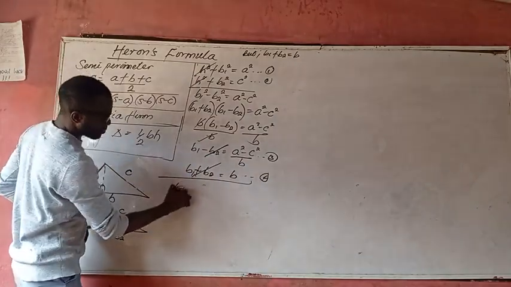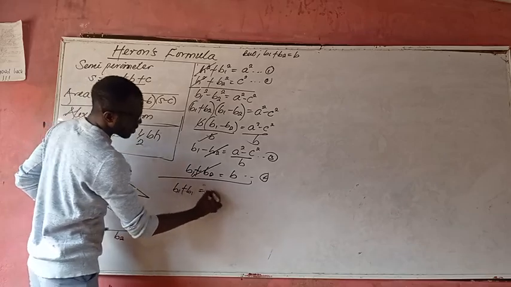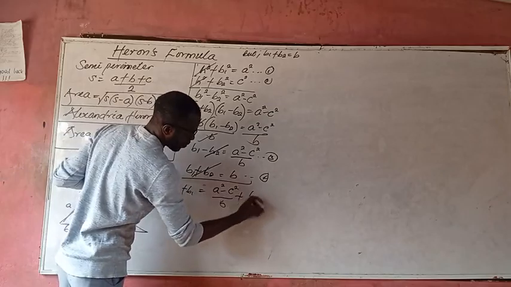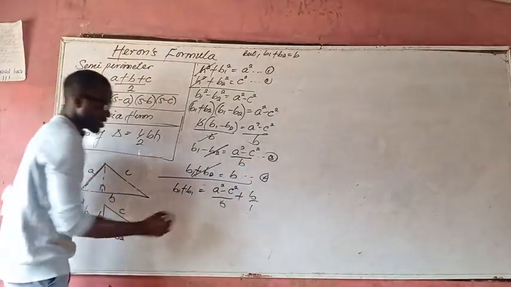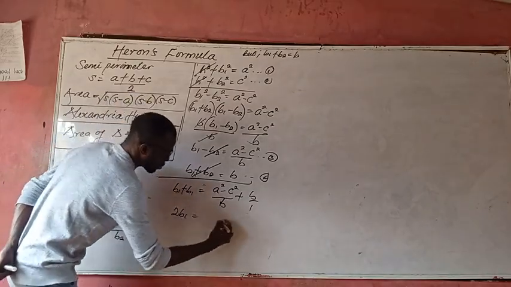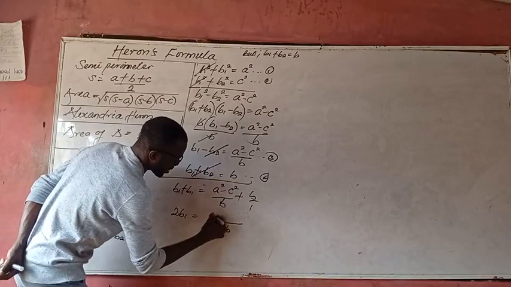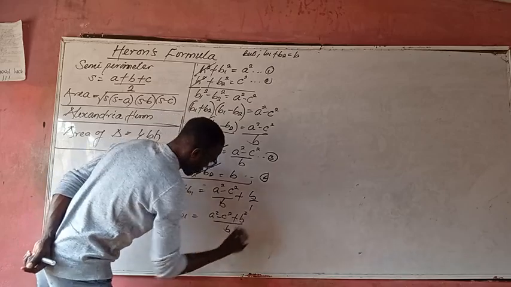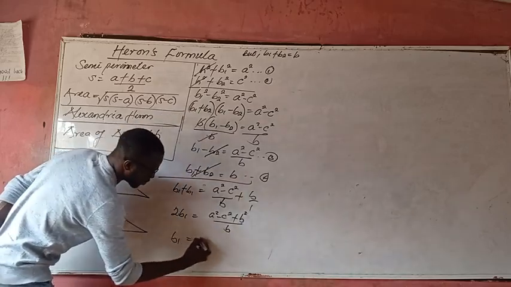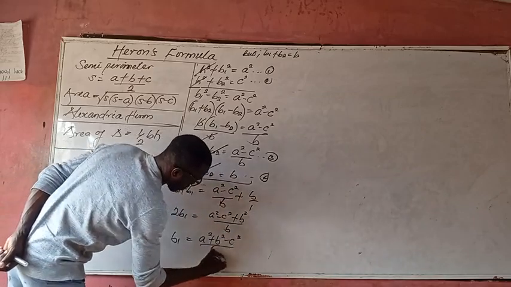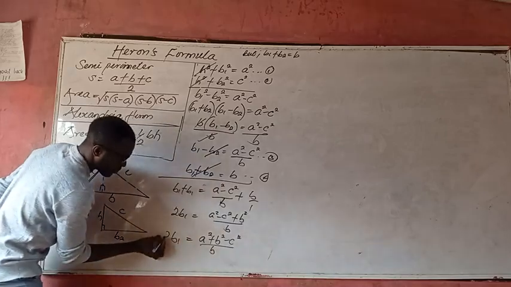So if we add this, B1 + B1 is equal to (A squared - C squared) over B plus B. Make sense? So from here, 2B1 is equal to, LCM is B, (A squared - C squared + B squared) over B. So B1 will be equal to (A squared + B squared - C squared) over 2B, since there was 2B here.